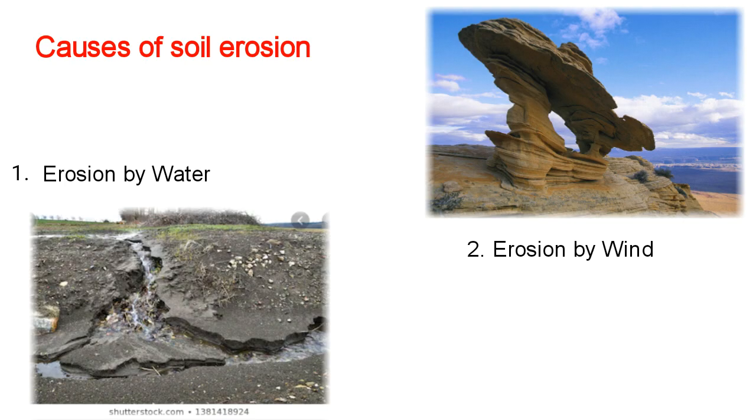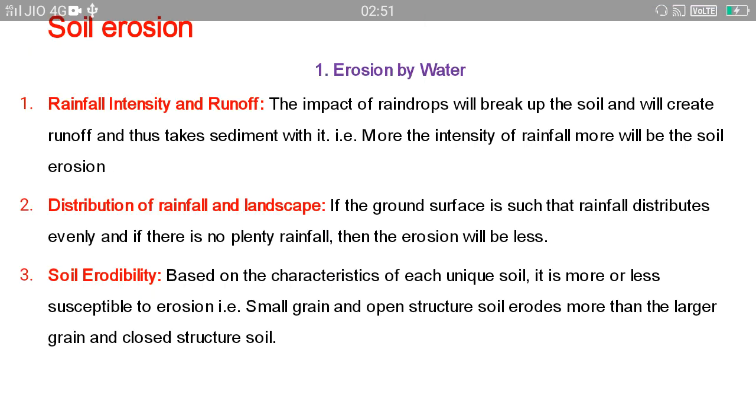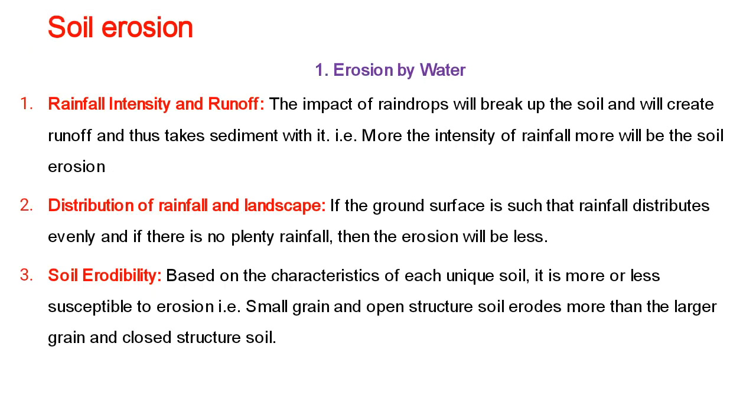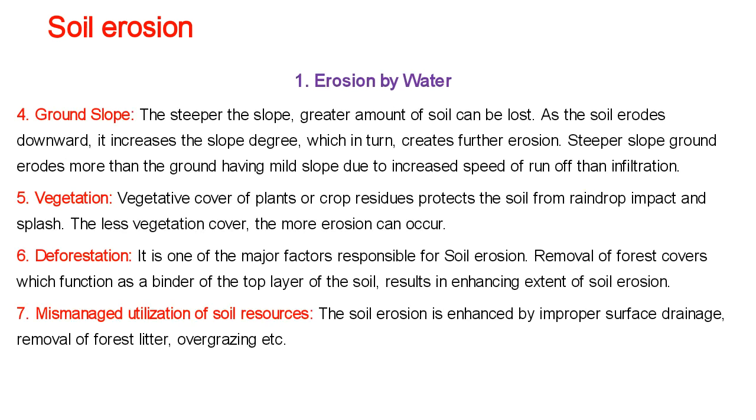On the causes of soil erosion, as seen in the picture, one is erosion by water and one is erosion by wind. These are the various causes of erosion by water.